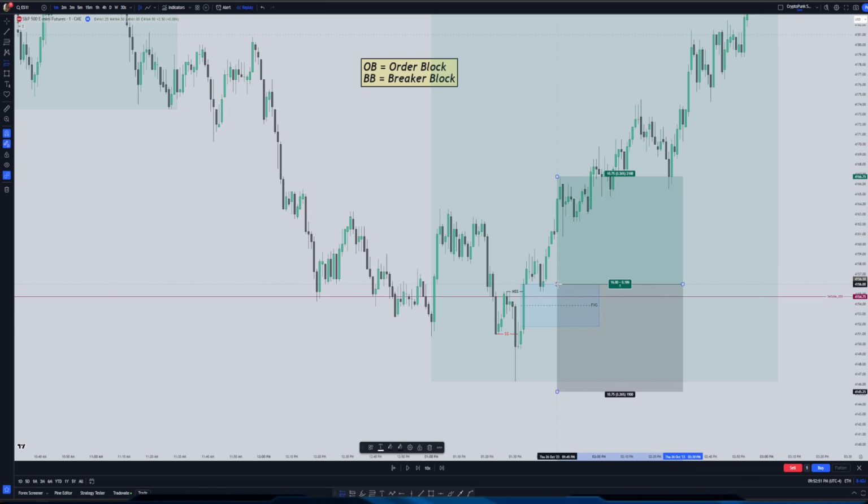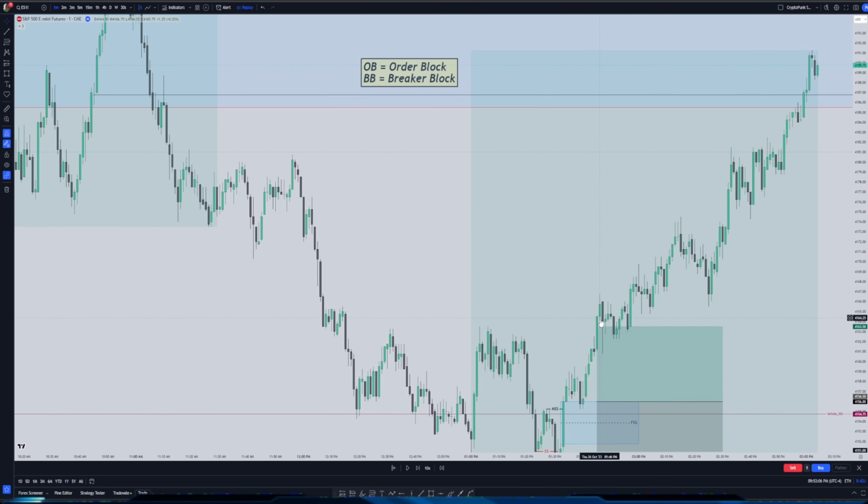An aggressive entry will look something like this, targeting these recent equal highs. You can get 1.5, or you can go for these swing highs, like relative equal highs.